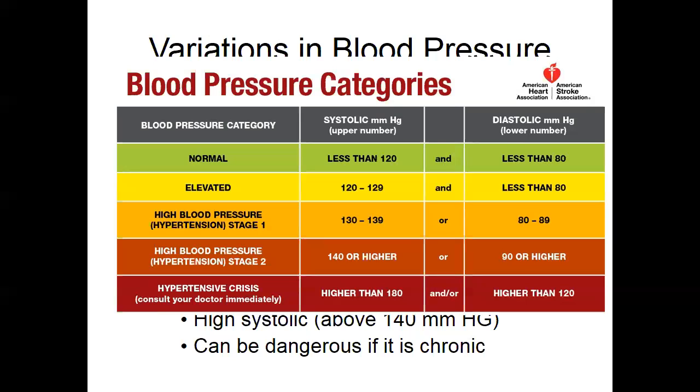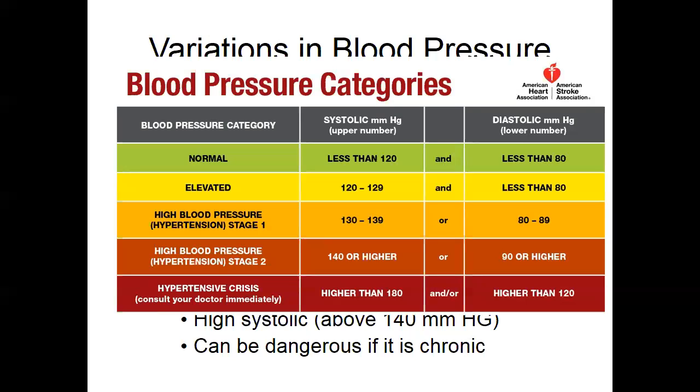And then we're saying stage 1 hypertension is a blood pressure between 130 and 139 systolic and 80 to 90 diastolic. And we're treating people with blood pressures like this if dietary or lifestyle modifications haven't fixed it.